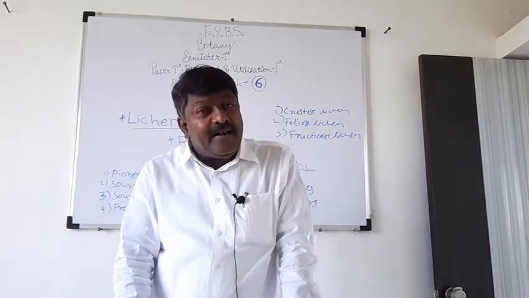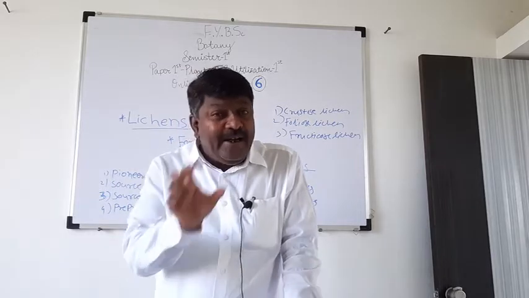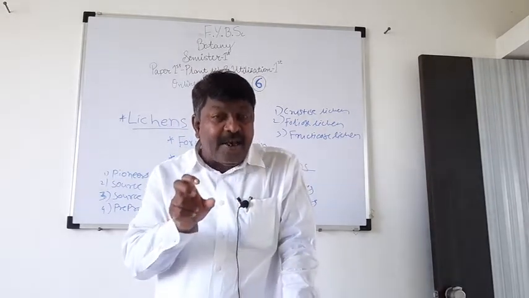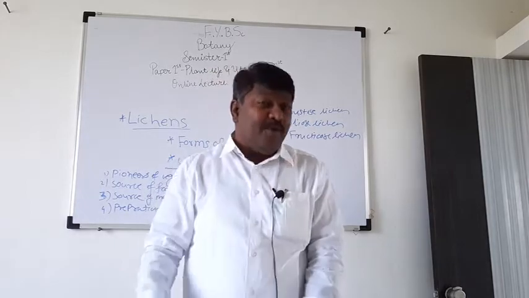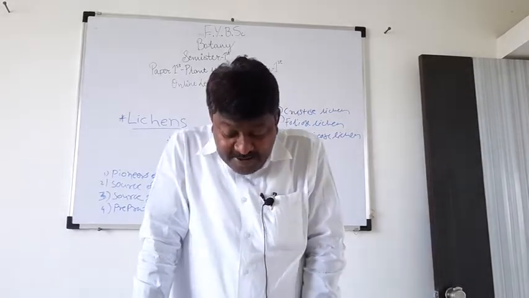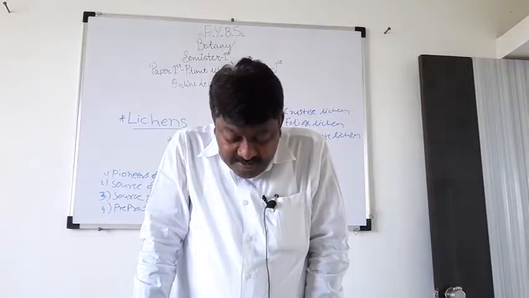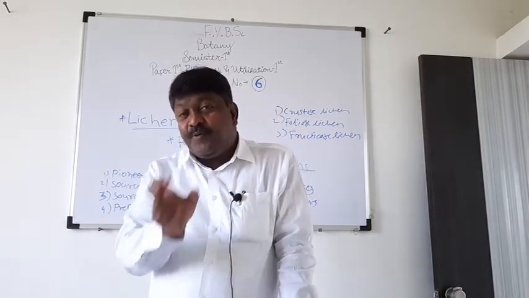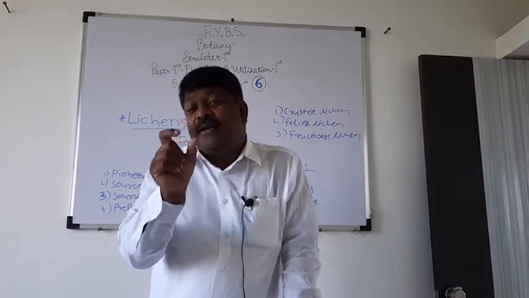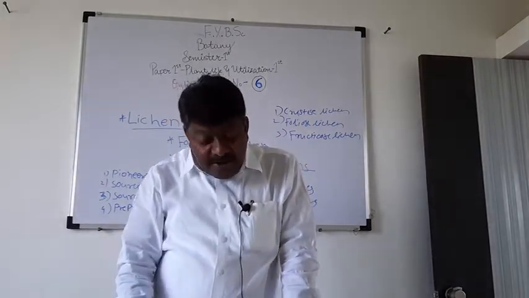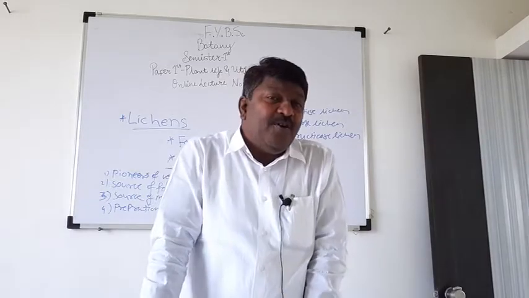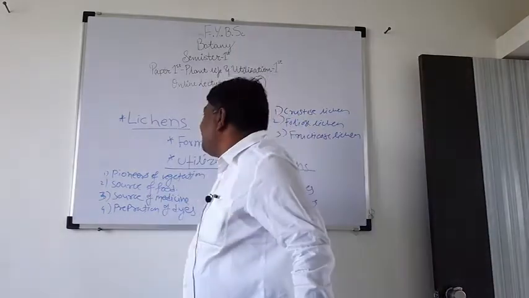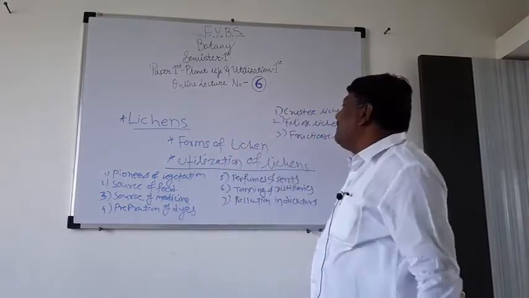It attaches to substratum only at the base, and it produces disc-like fruiting bodies, and these fruiting bodies are called apothecia, and these fruiting bodies are produced at the tip of the branches. Usnea is the example of such type of lichen. This is about forms of lichen.